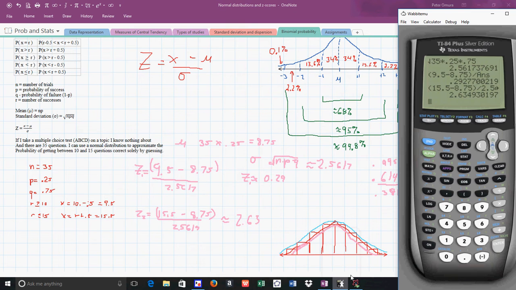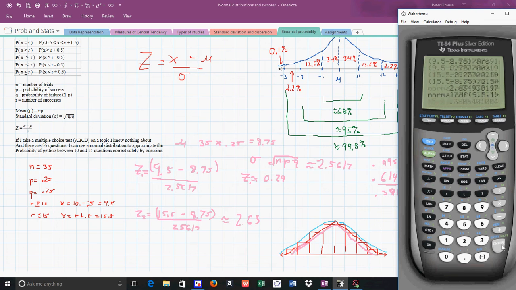Now there is an easier way of doing this, and if you go to normalcdf, it's going to ask for your lowest value, and I'm going to type in 9.5. It'll ask for your highest value, which is 15.5. I already told it that the mean was 8.75 and the standard deviation was 2.5617.